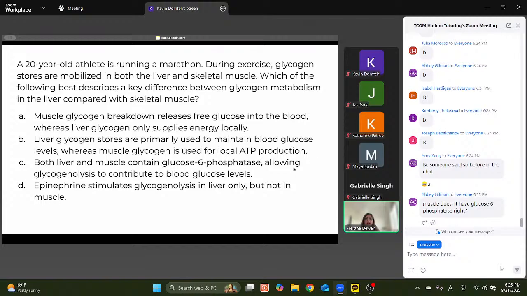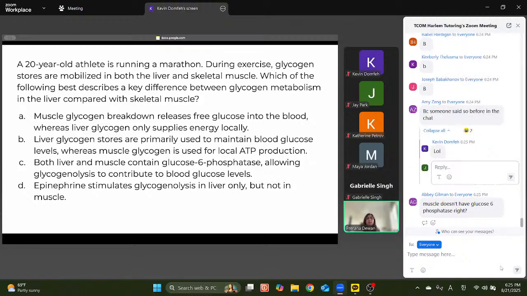For A, it's actually backwards. The muscle can't release glucose into the blood because it lacks glucose 6 phosphatase, and the muscle glycogen is being used locally to make ATP for contraction. So that's why C is also wrong, and D is also wrong because epinephrine is stimulating glycogenolysis in both the liver and muscle.